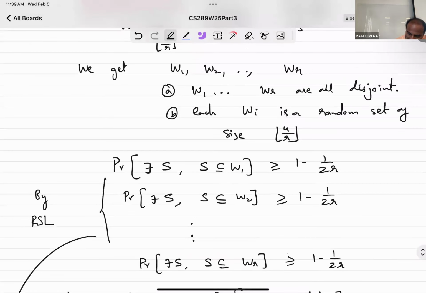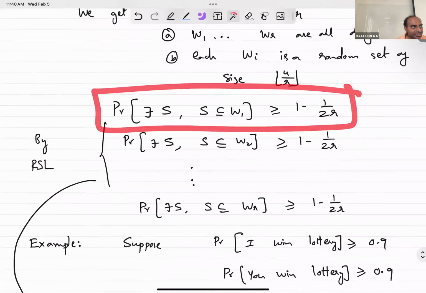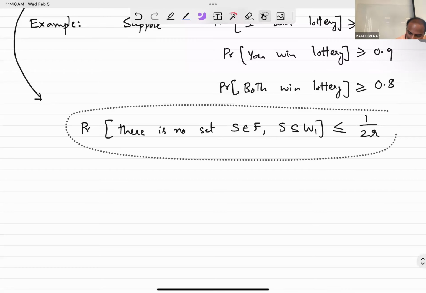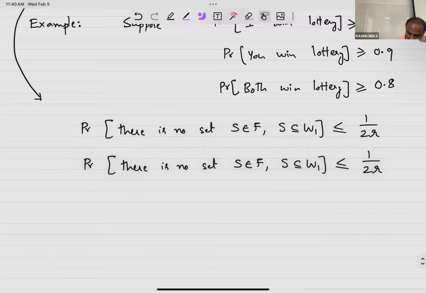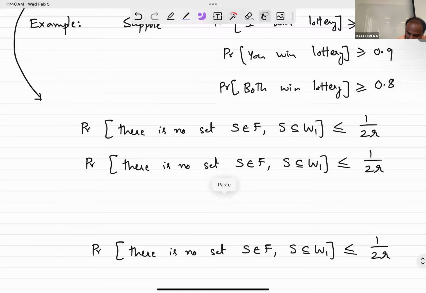Right, I'm looking at the complement of this statement. Probability there exists no set in the family which is contained in the first witness W1 is 1 over 2R. And similarly, for 2 it is this much.